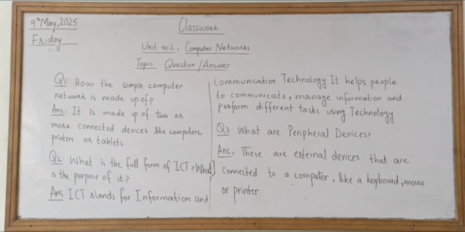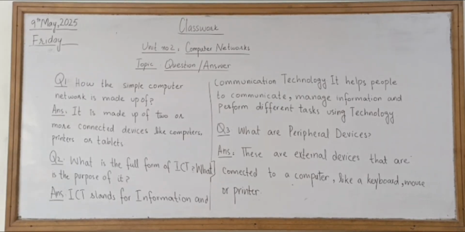So basically ICT helps people to communicate, manage information, and perform different tasks using technology. Which kind of technology? There are a lot of apps used for communication and sharing information, like social media accounts, Facebook, Instagram, YouTube, and others.